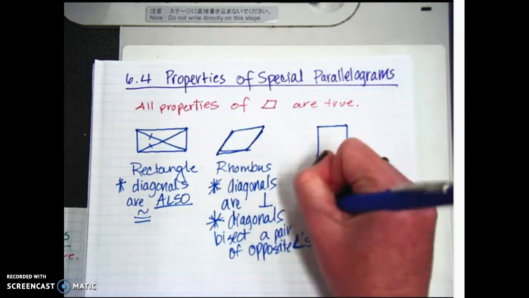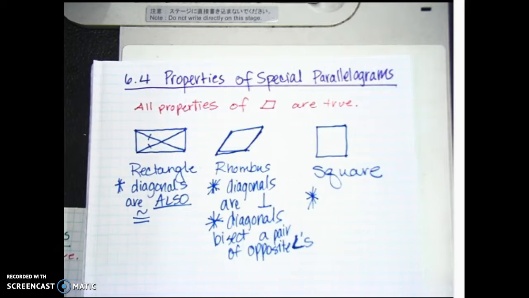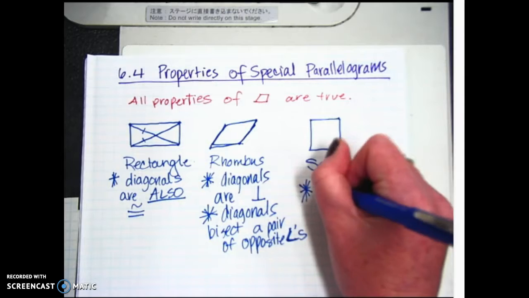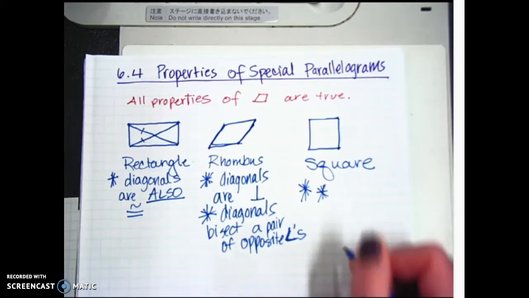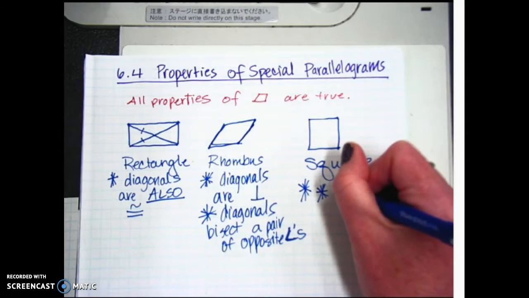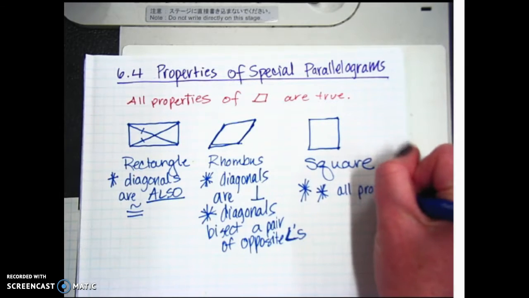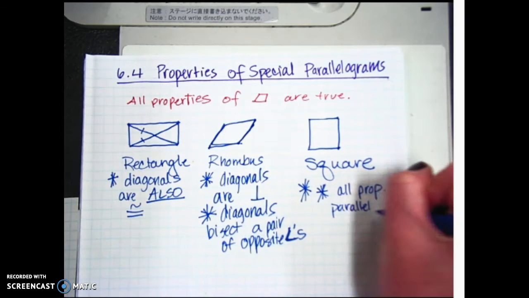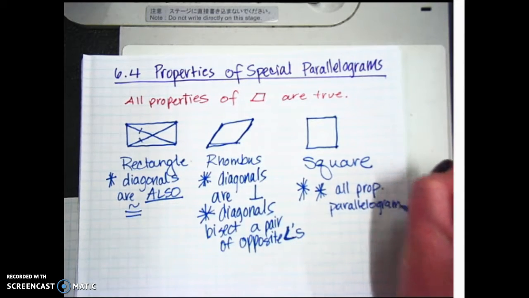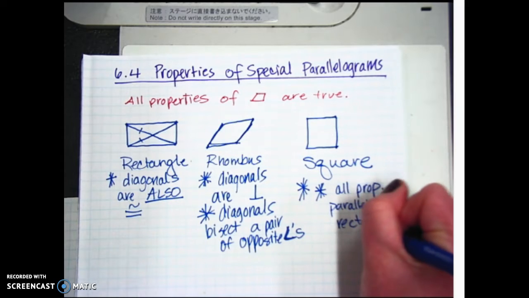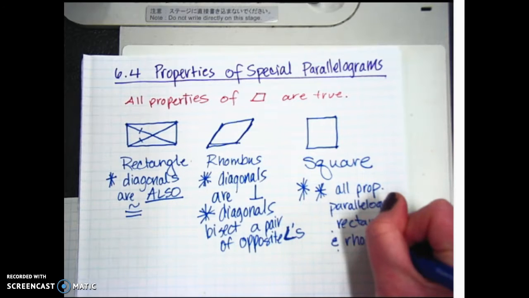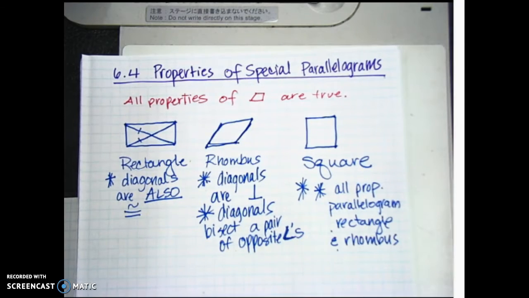And so a square is going to have a lot of special properties, right? Because it's going to have double star in that it has all the properties, obviously, of a parallelogram, all the properties of a rectangle, and all the properties of a rhombus. It's got them all. Square is super special.